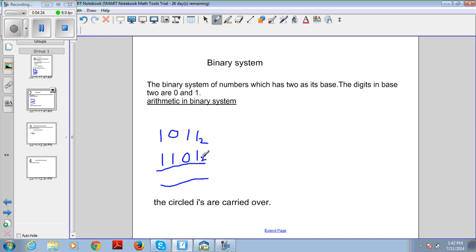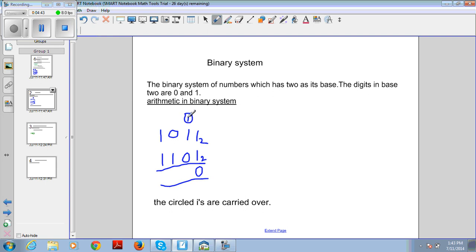So 1 plus 1 is 2 and 2 is equal to the base, so you have to divide it by 2. So you have what? 1 remainder 0. Always write down your remainder and carry the result. So you put it and separate it.